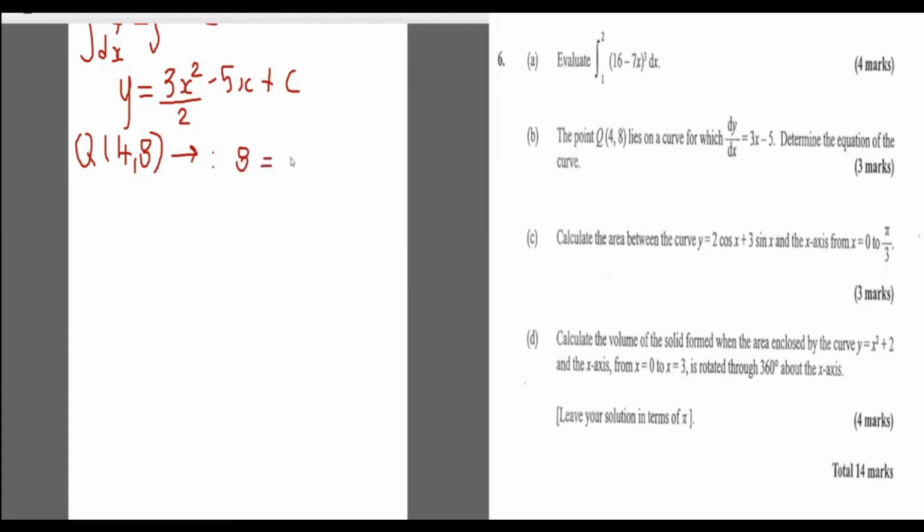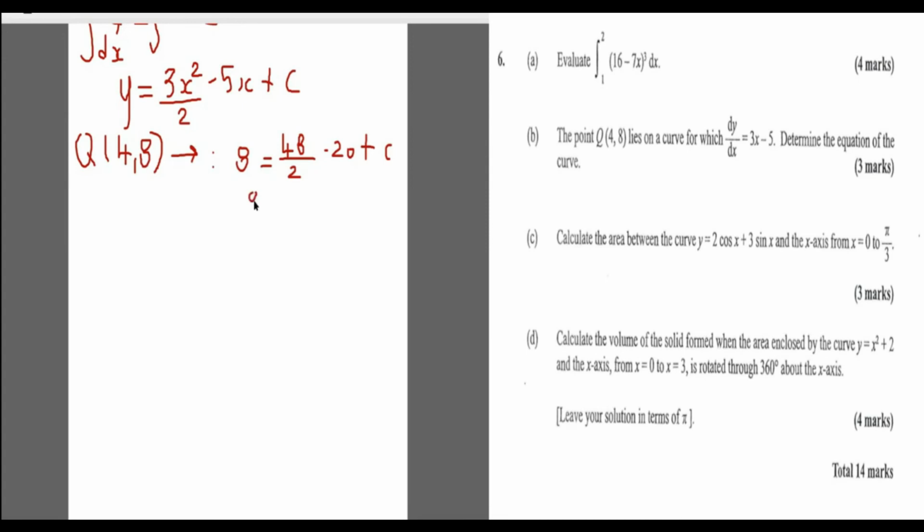we're getting that 8 is equal to 3 times 4 squared, 4 squared is 16. 16 times 3 is 48, so we're getting 48 over 2 minus 5 times 4 is 20 plus C. So look what they're telling us. 48 over 2 is 24. 24 minus 20 is 4.